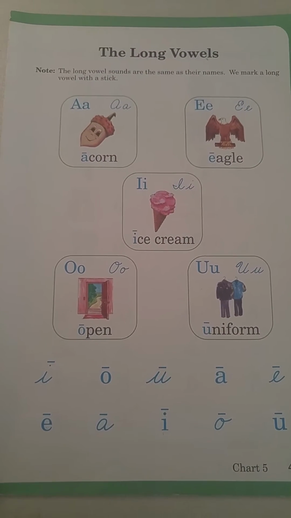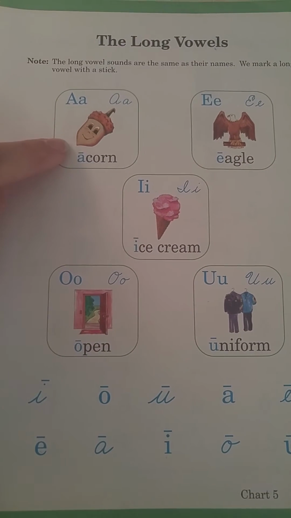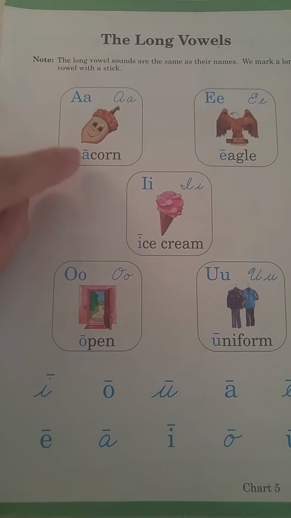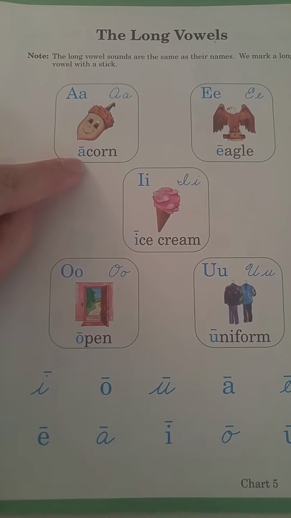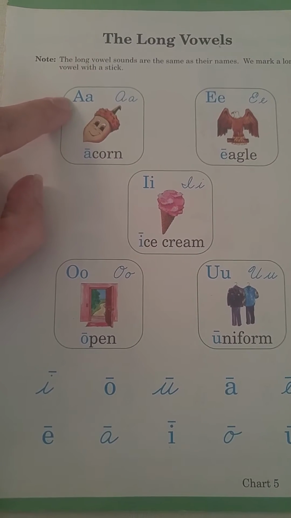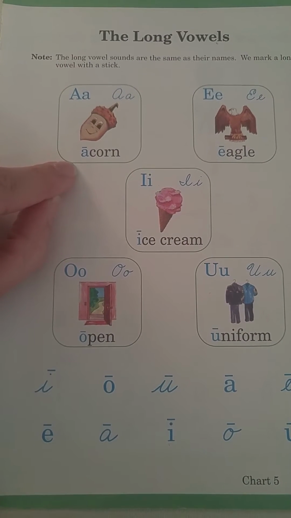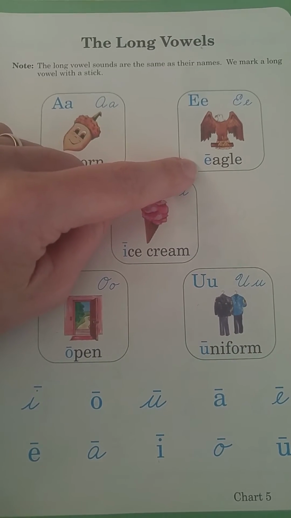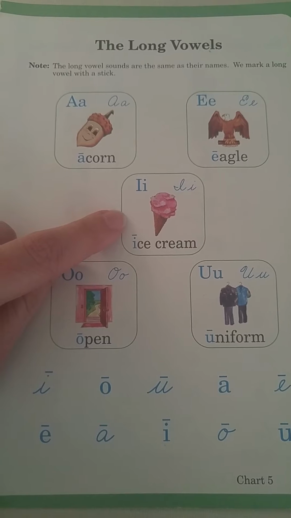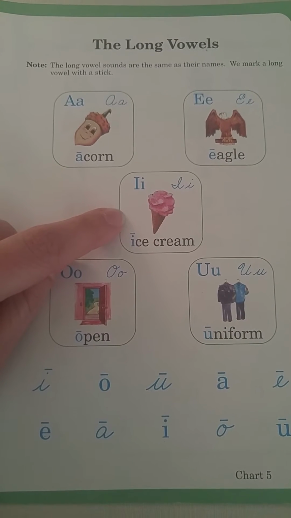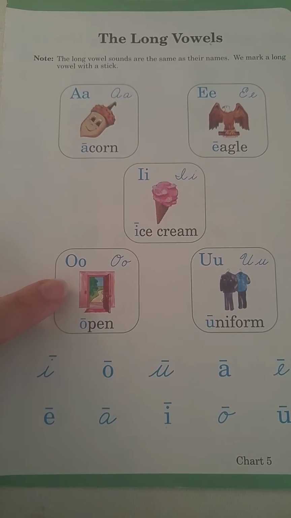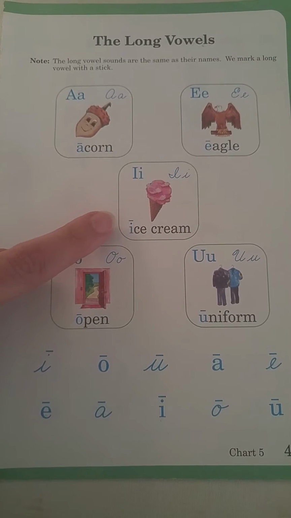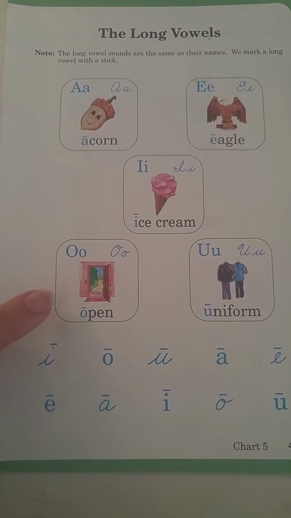The long vowel sounds are: A says A as in acorn. E says E as in eagle. I says I as in ice cream.